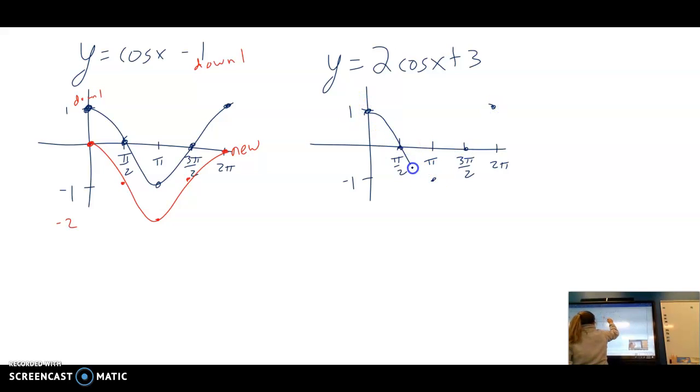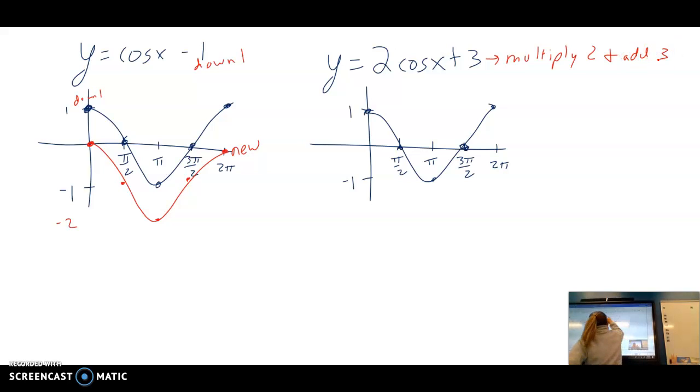And again, I'm going faster because you can hit pause at any point. Right? Okay, so now what this is telling me to do is that I need to multiply my value by 2 and then add 3. So this reads to multiply by 2 and add 3.